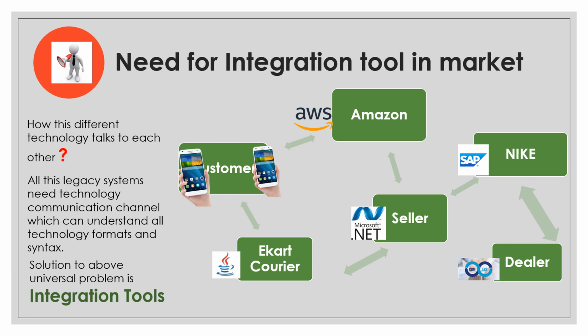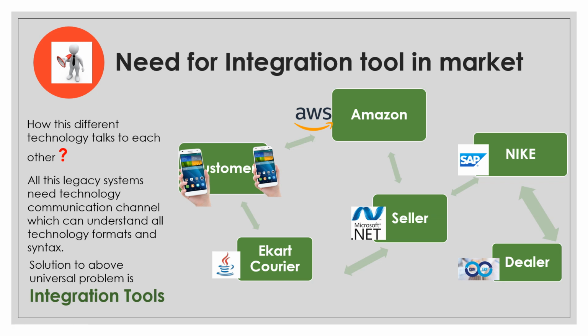So now tell me how all these applications will talk to each other. Somehow we are able to make it happen, as every company has its IT department and they are able to make this communication happen. We can consider that for now. But tomorrow the seller says that he wanted to change .NET to another software.